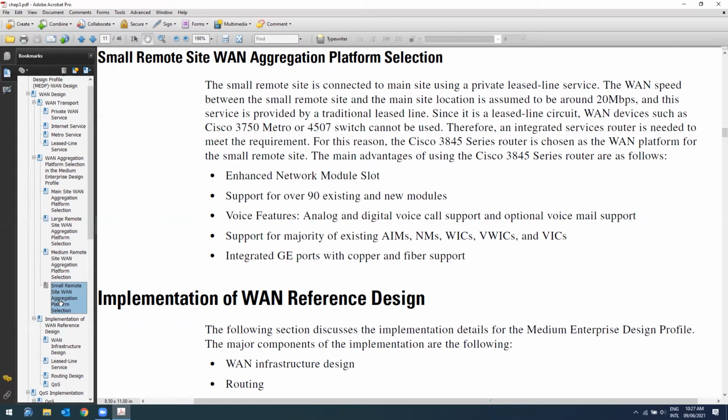Since it is a leased line circuit, a Metro 3450 switch could be used. Therefore, an integrated service router is needed to meet the requirements.